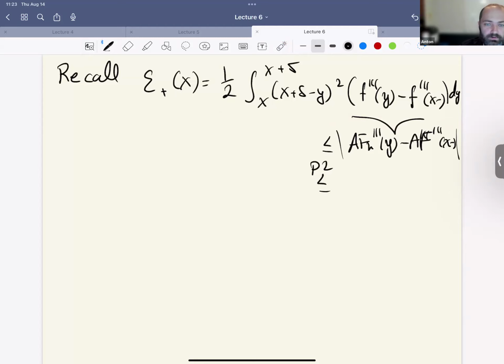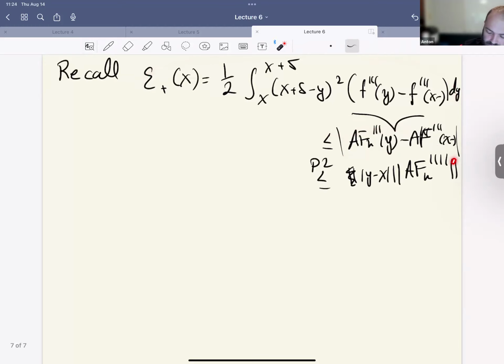This is where I'm saying, well, it's as if f triple prime was differentiable for the purposes of the mean value theorem. This was less than or equal to y minus x times the norm of f sub h quadruple prime. So then in this epsilon, we basically have the norm of the fourth derivative.